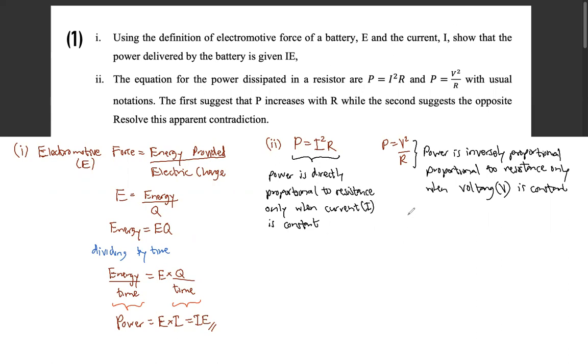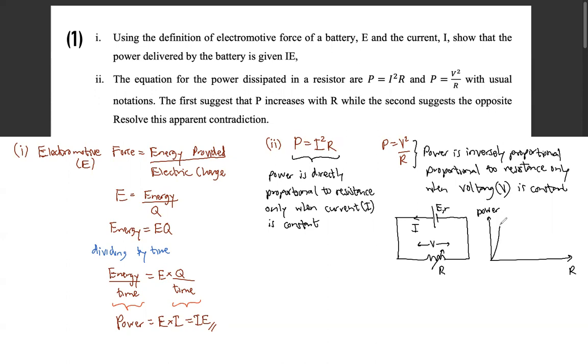We have learned when you have a circuit like this, with a resistor and a battery with E and internal resistance simple R, and a capital R. If there's a current flowing through the circuit, and there will be a V across this one, and if you draw a graph of power, power doesn't always increase with resistance, and it doesn't always decrease with resistance either.